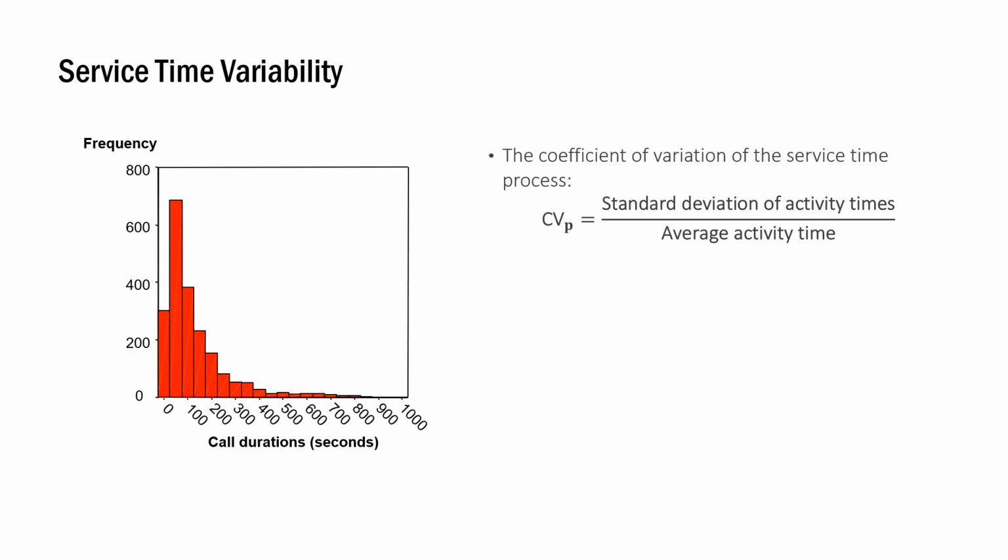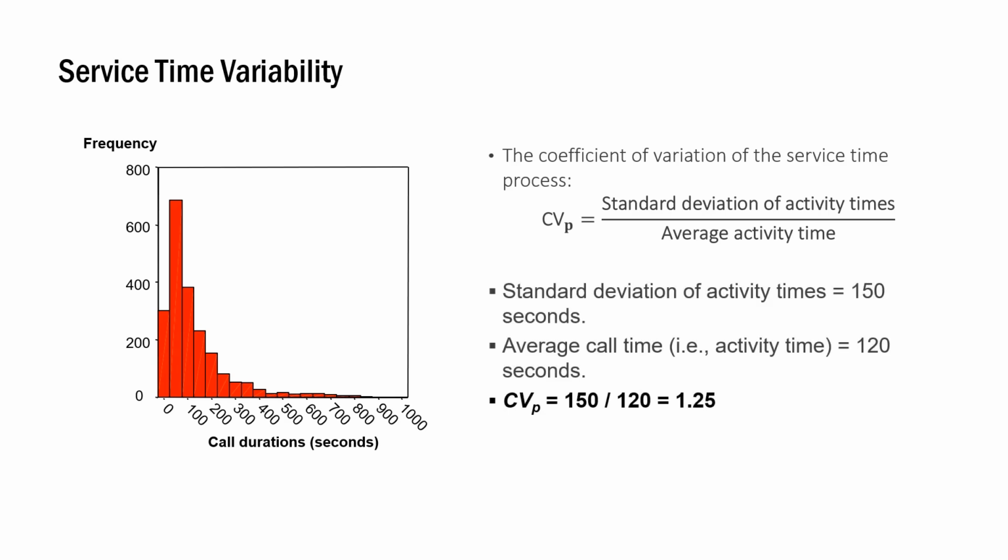represented as CVP. We can calculate CVP as the ratio of the standard deviation of activity times to the average activity time.